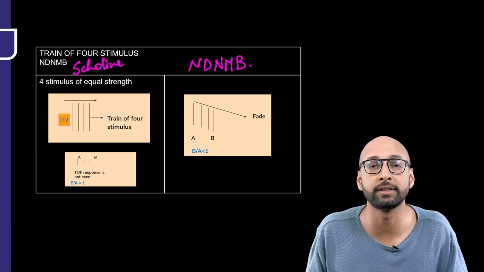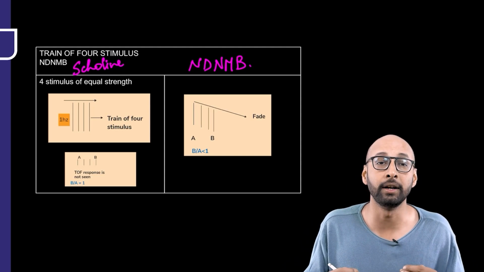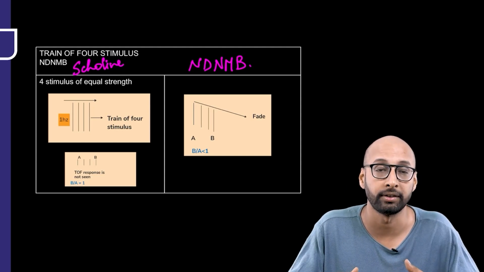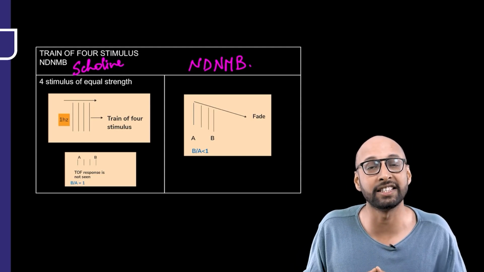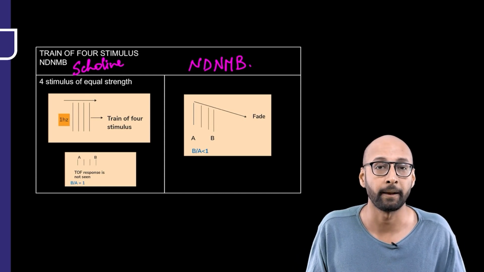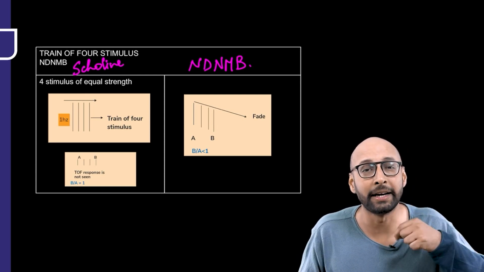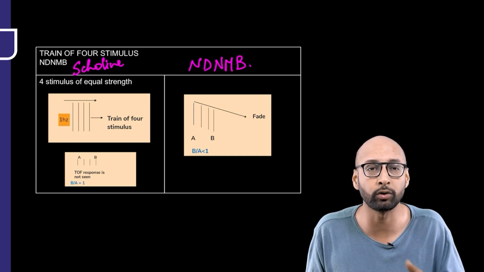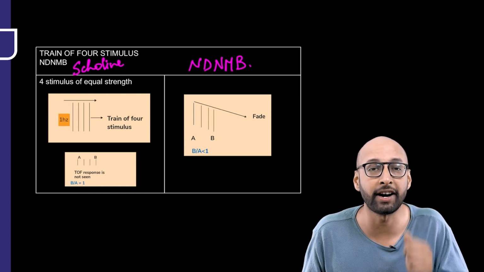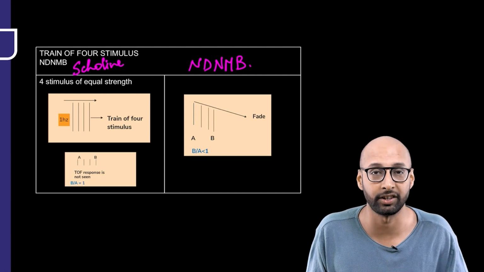Only 5 to 15% of the drug is available to act on the receptors, right? That means it gets metabolized very fast. So the action of scoline has to be very, very fast to get that muscle relaxation.